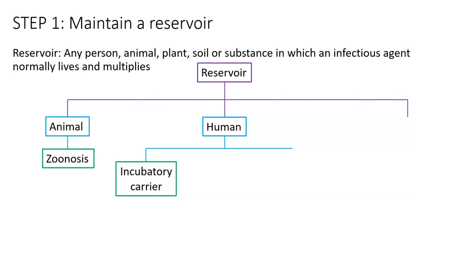And so they haven't exhibited any signs or symptoms of disease. They probably have no clue that they're even infected, okay? But at this point, this is when the carrier is infecting other people, okay, during the incubation period.